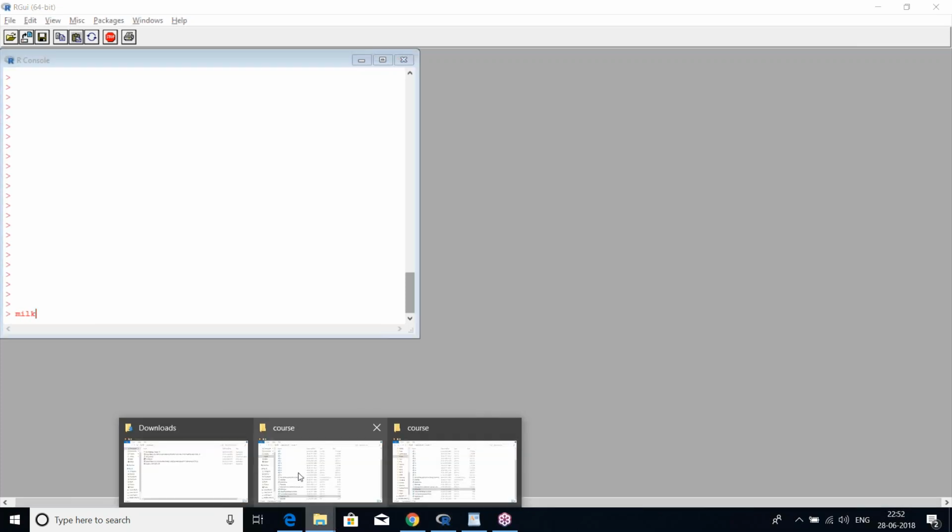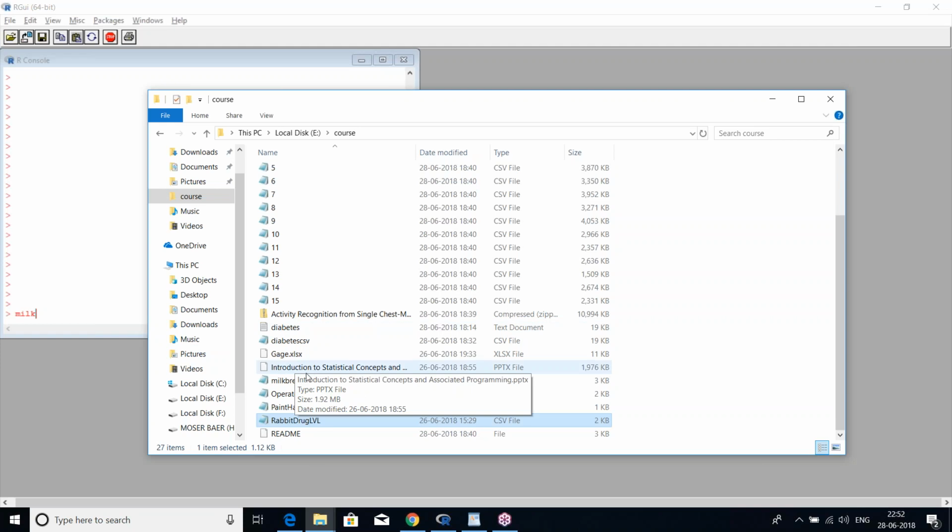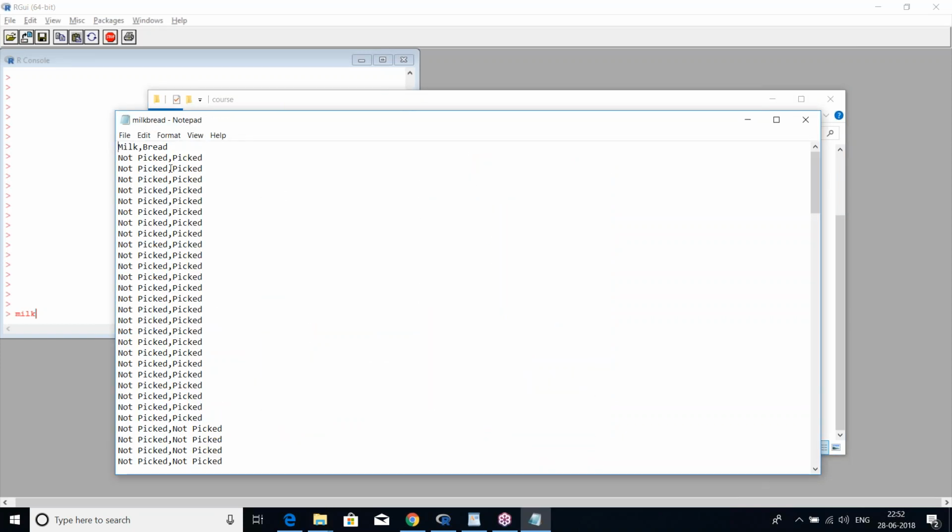So let me quickly show you the raw data set, which is here. You can see the decisions which are associated with these two categories, milk and bread, whether something is picked or not picked. It's a binary variable, right? So milk is picked versus not picked, and when that happens, whether bread is picked or not, right?